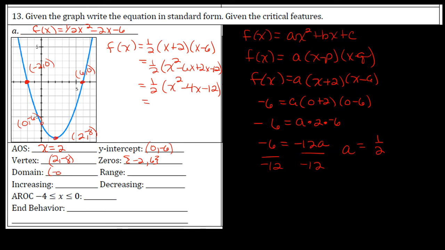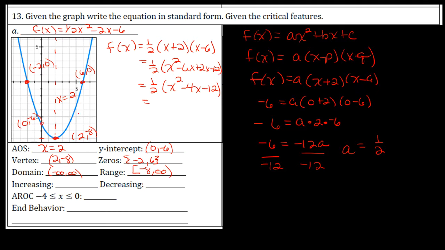My domain is all real numbers. My range, the least number this can be is, remember, it's right here. It's the y part of your vertex. So from negative 8 and up. Remember, your AOS helps you with intervals of increase and decrease.